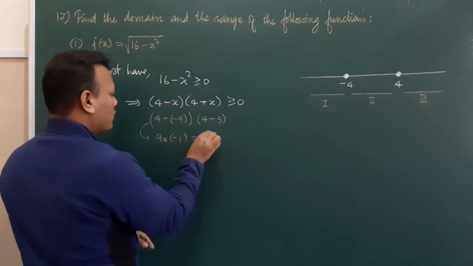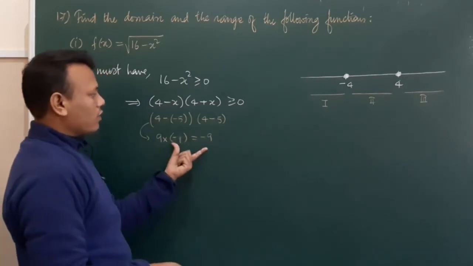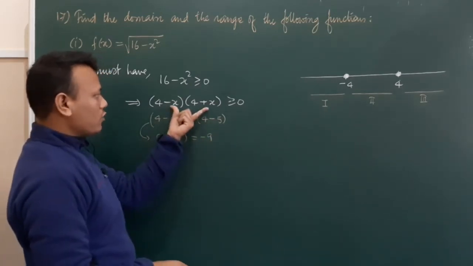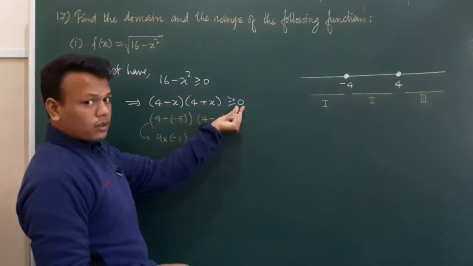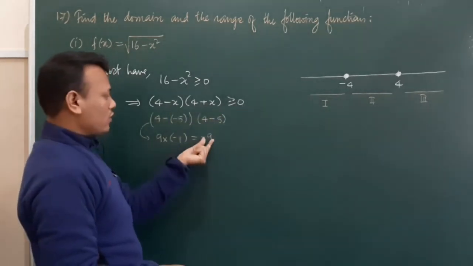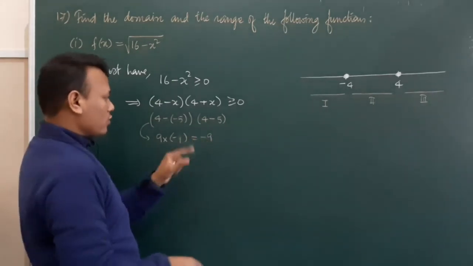So this is minus 9. This is negative, isn't it? But I cannot have this to be negative. This has to be greater than or equal to 0. So this is negative, which is less than 0, so this is not possible.